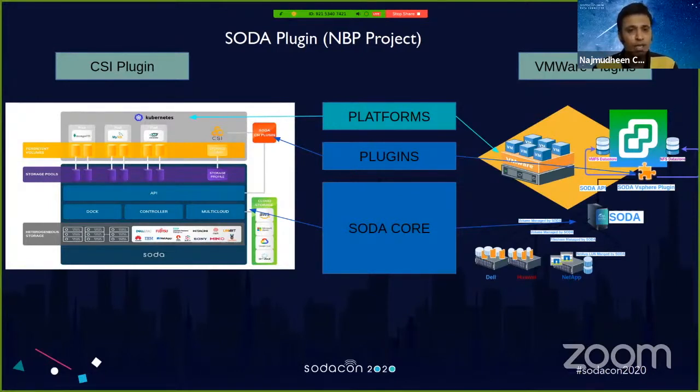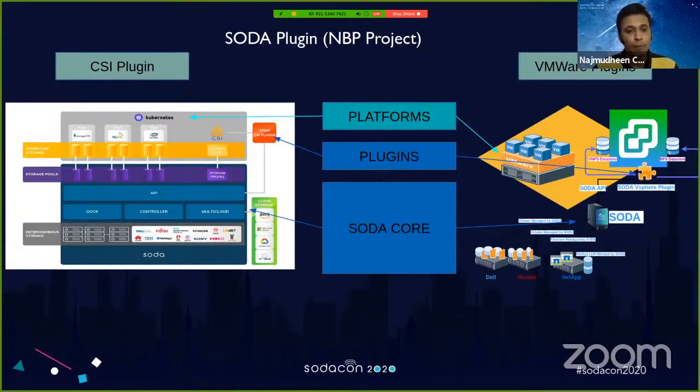Now, we need to integrate the storage to these platforms. What are these platforms? These platforms can be Kubernetes, VMware, OpenStack, or even application platforms like Big Data, Hadoop, Oracle database, right? So to these platforms, we need to integrate the storage.